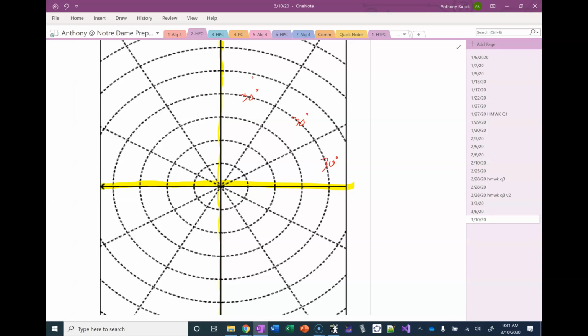Is everybody okay with that idea? Okay, so each of those wedges is 30 degrees or pi over 6.